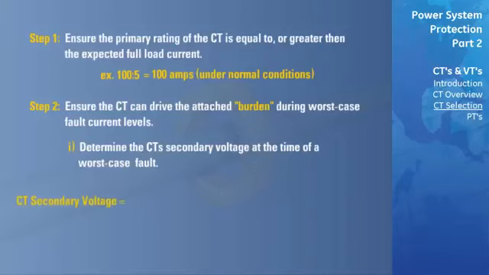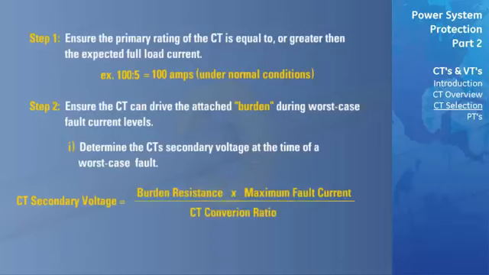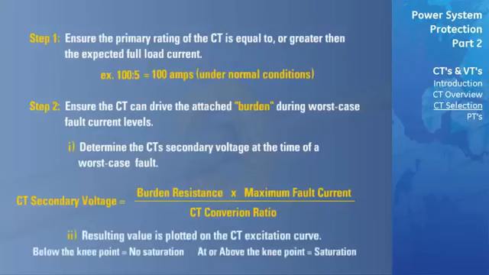The CT secondary voltage at the time of fault is equal to the burden resistance times the maximum fault current divided by the CT conversion ratio. The resulting value is then plotted onto the CT excitation curve. If the value plotted on the curve is below the knee point, then the CT will not saturate under these worst-case fault conditions. If the value is equal to or greater than the knee point, then the CT will saturate.